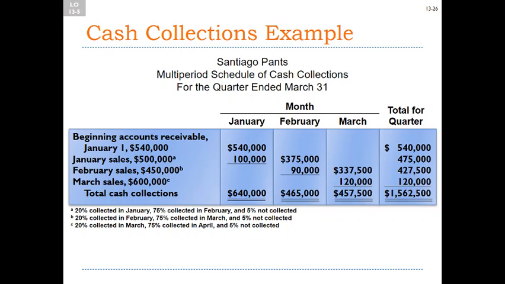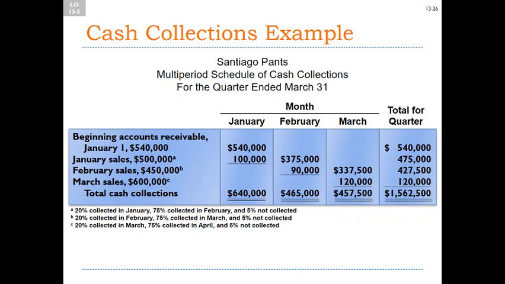Those are December sales. And so again, January sales being 500,000, 20% of that they expect to collect in January, so 100,000. In February, they expect to sell 450,000, so 20% of that is 90,000.